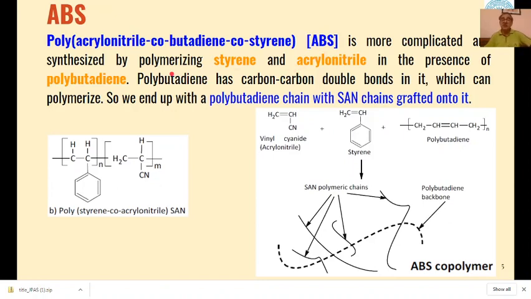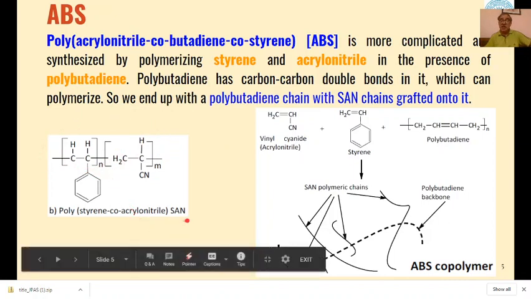The synthesis is complicated. Here we polymerize styrene and acrylonitrile. When acrylonitrile and styrene polymerize, we get this type of polymer, which is called SAN. S is for styrene, AN is for acrylonitrile.